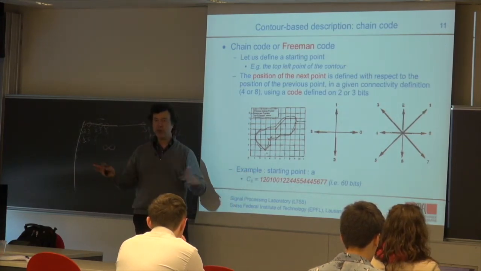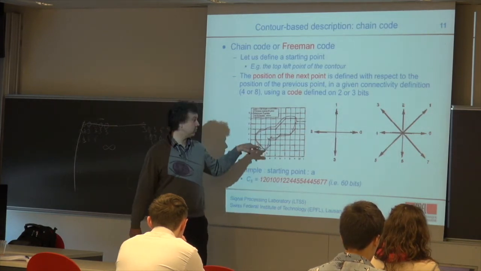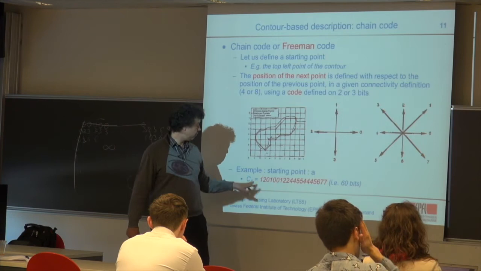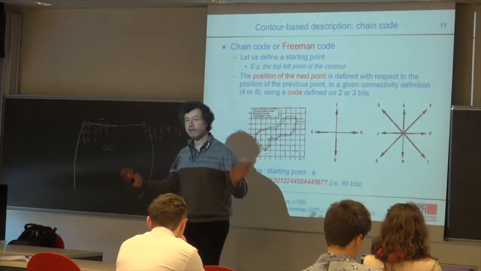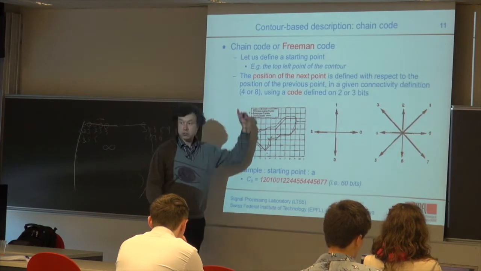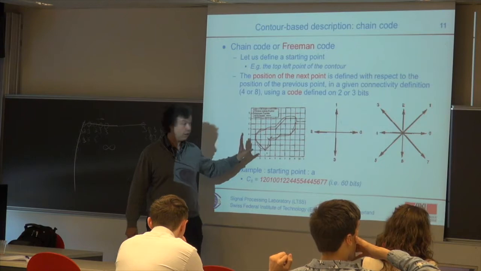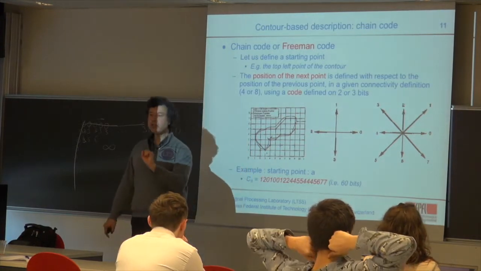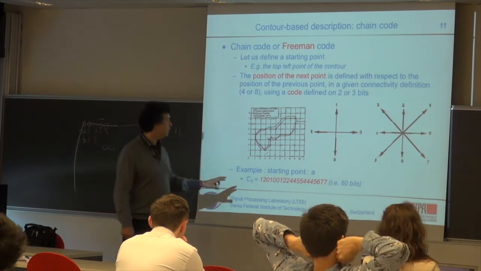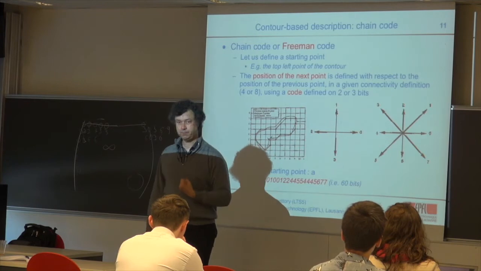If you want to have a very compact storing of an object, independently of where it is in the space, because you don't say where the first point is, you basically represent it as a Freeman code with 3 bits, and you have a very compact representation. And when you have that, you can reproduce your object. So you code it losslessly, without losses. But you can also use that to compare two objects, and that's the beauty of it, because now you have a string of characters, very much like words.